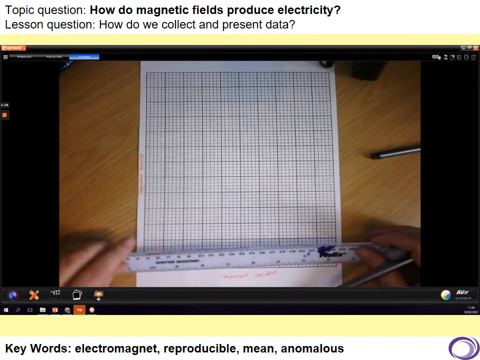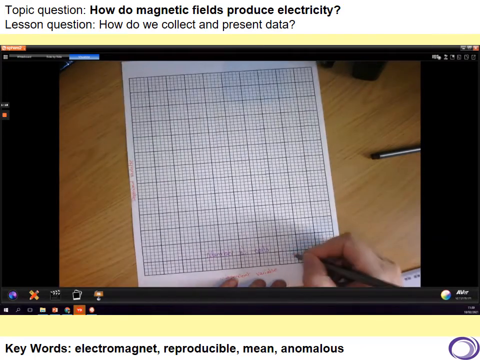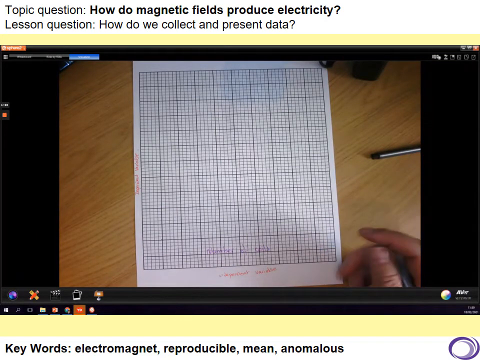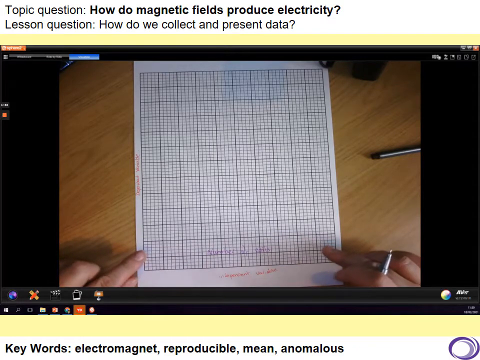I'm quite fortunate in that this doesn't have a unit, but if it did have a unit we must always remember to put that as well. I'm going from 0 to 20, so I want to space out 0 to 20 as much as I can on this line.